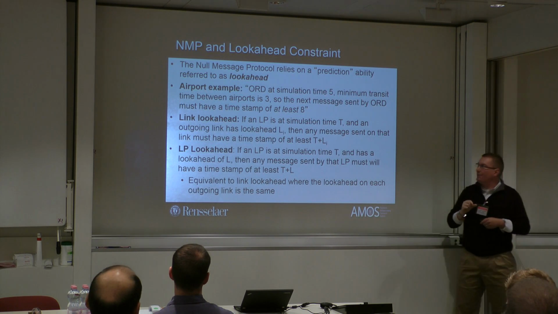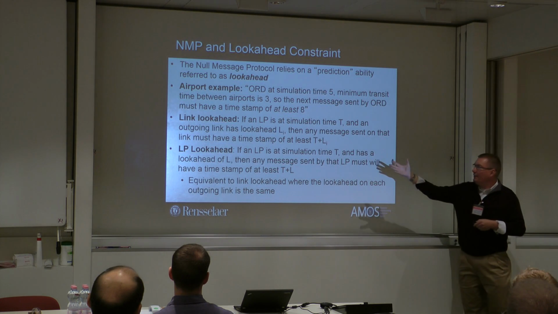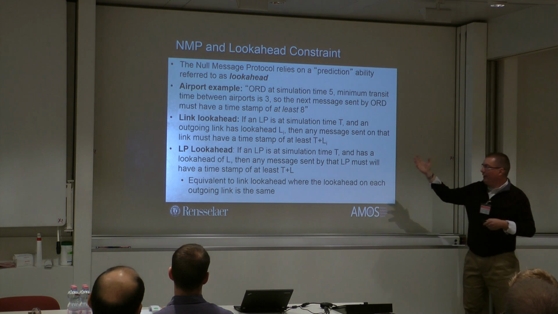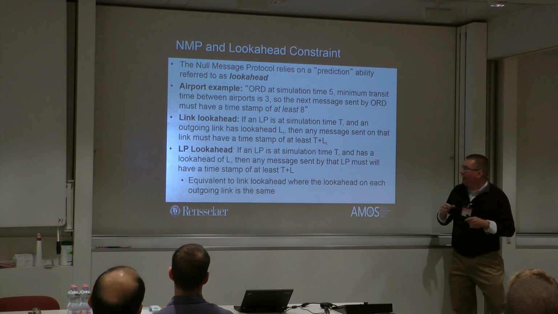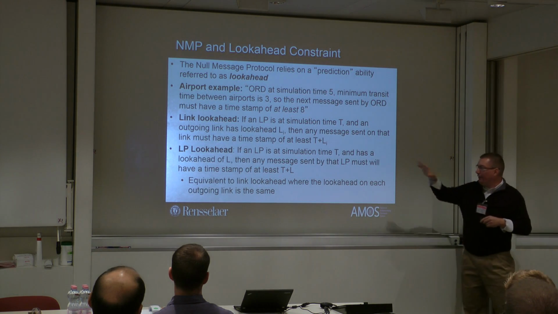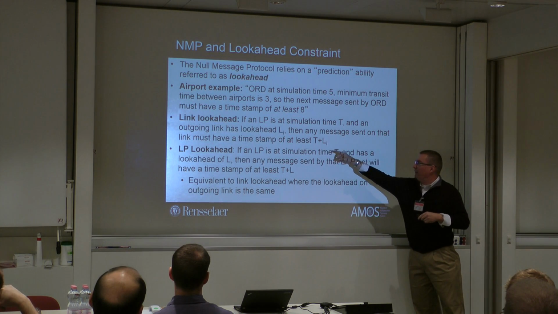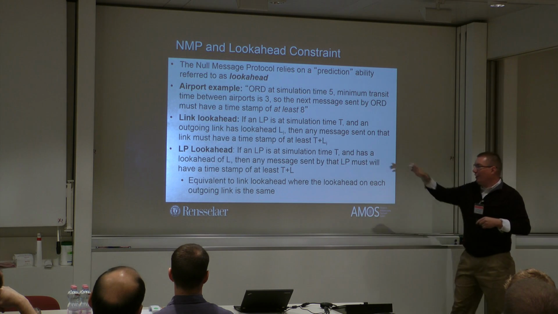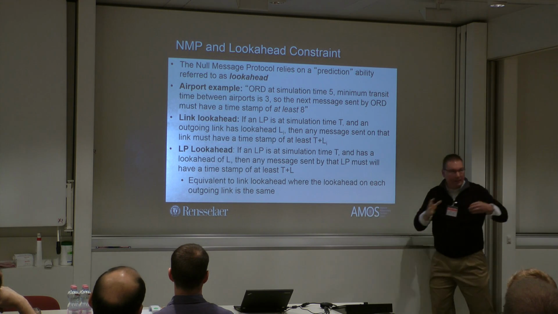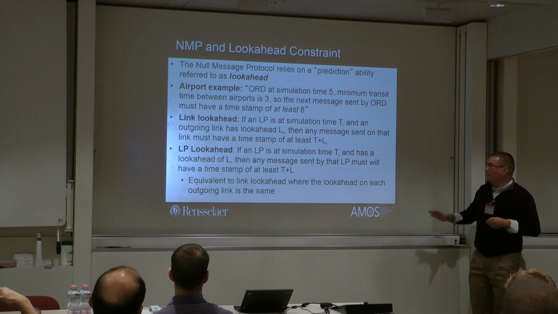Now in our network models, we leverage what's called link lookahead. Anytime you have a link, there's some delay along that link, and you can guarantee that your next message will be of at least that timestamp in the future plus any link delay. You can also have internal lookahead within, say, a C-simple module, which we call a logical process.